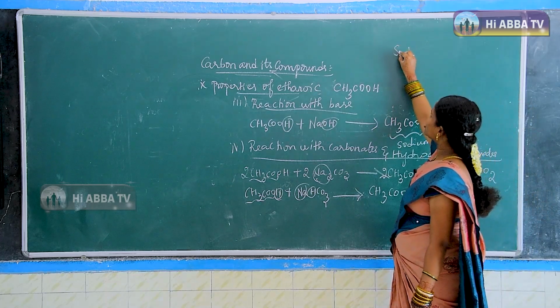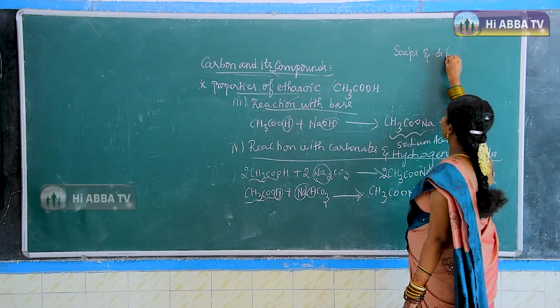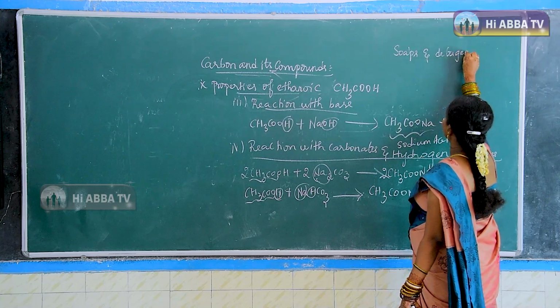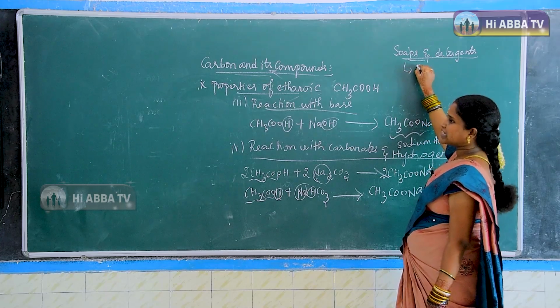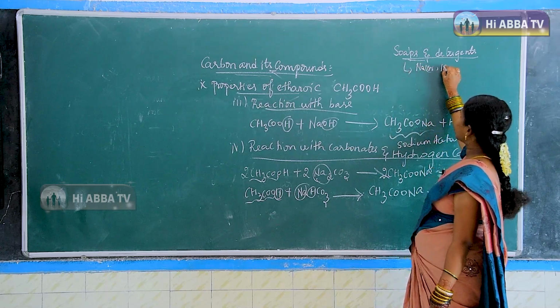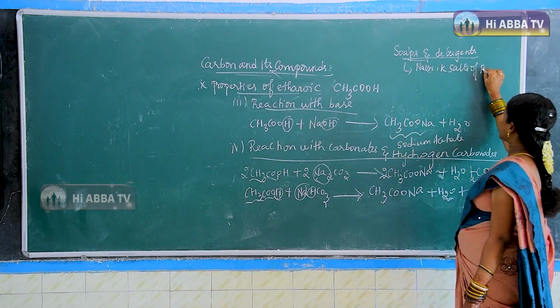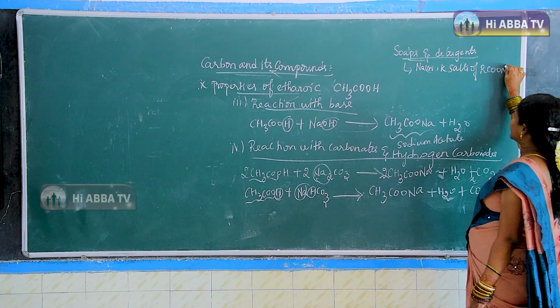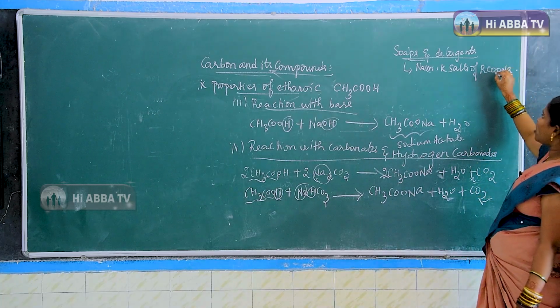And the last topic we have to learn is soaps and detergents. Soaps: what is soap? It consists of sodium or potassium salts of long chain carboxylic acid. So the general formula will be RCOONa.